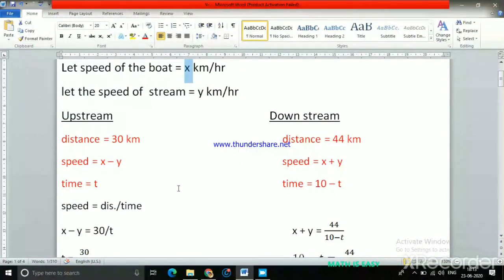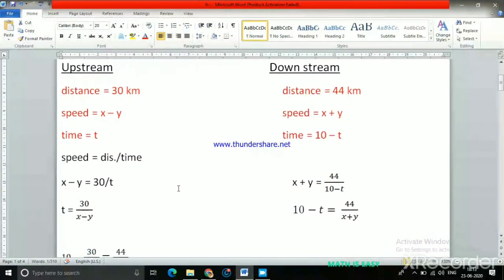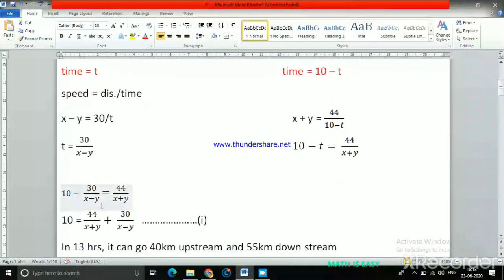The t value may be missing. In that case, the same process will apply. Here, see, I removed t, because I don't require time. If you want t and you don't want the x or y value, you can eliminate accordingly. The same process will remain.